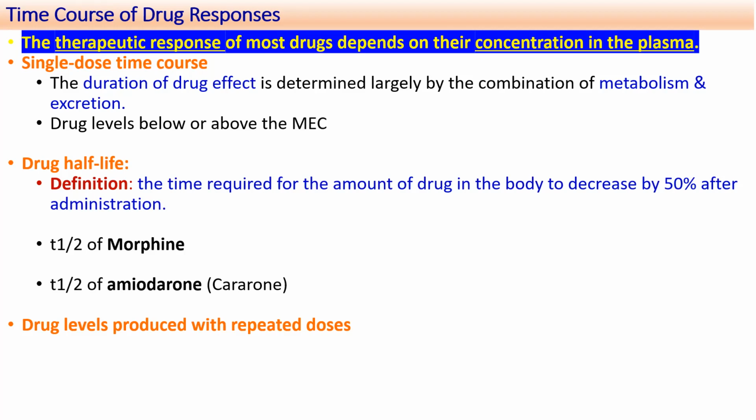Drugs with a short half-life leave the body faster. The half-life of morphine, for example, is about 3 hours. The half-life of amiodarone is 40 to 55 days.